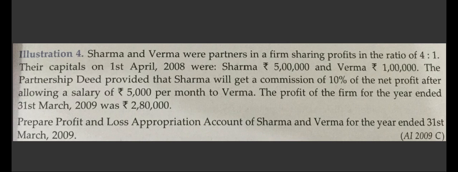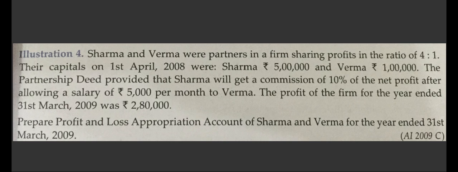Second thing, that Sharma will get a commission of 10% of the net profits, but these net profits are after allowing the salary to Verma. That is, first we will pay salary to Verma, and then whatever profits are left with us, on that 10% we will pay commission to Sharma. Please read the question very carefully.